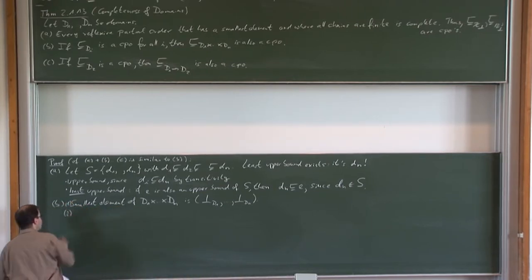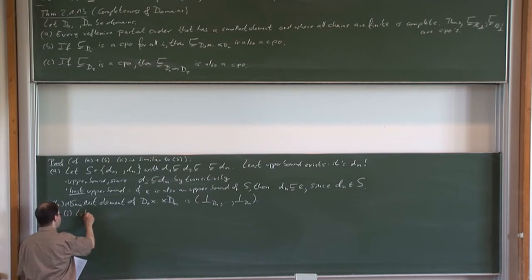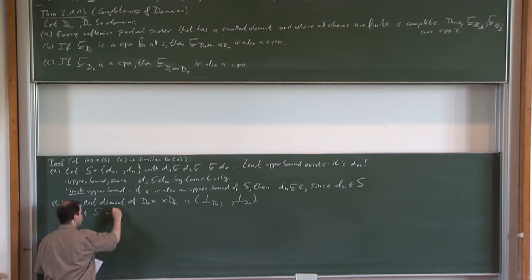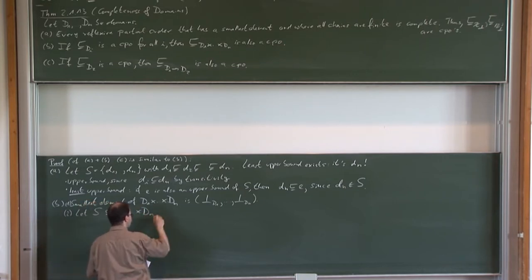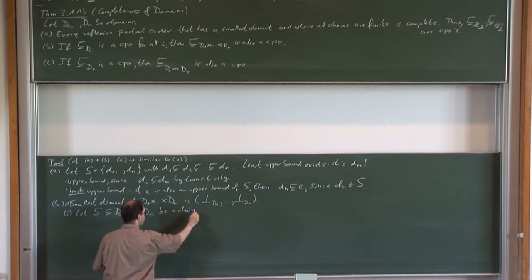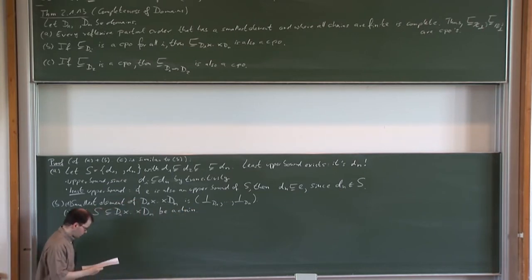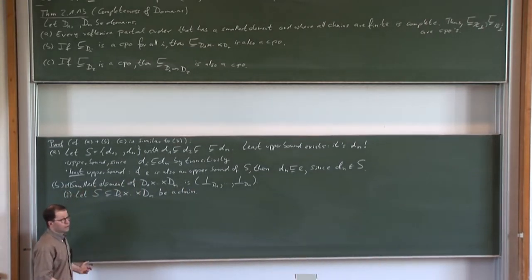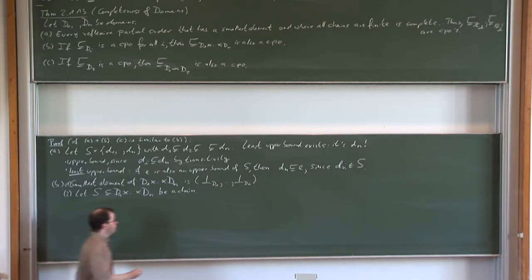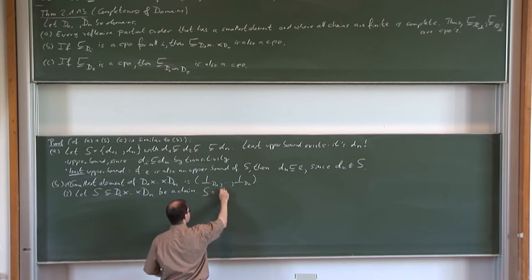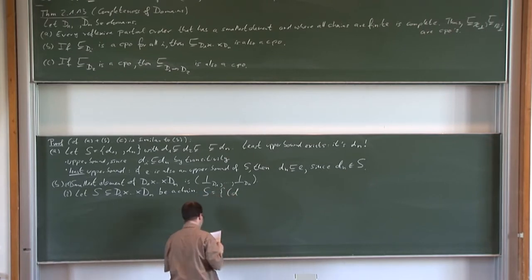And for property 2, we have to show that every chain has a least upper bound. Okay, so let's take a chain. So this is a subset of D1 cross D2 cross Dn, and let this be a chain. In other words, it looks like this. So it has elements which are tuples.